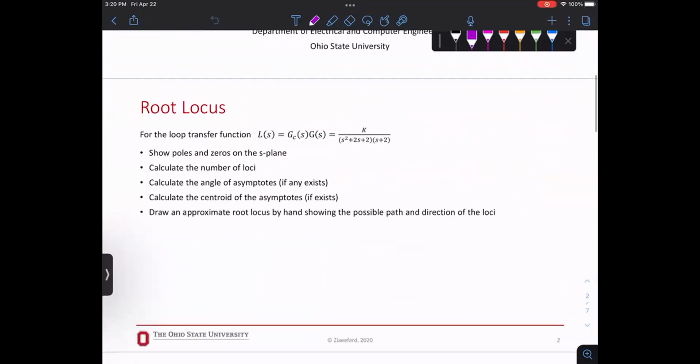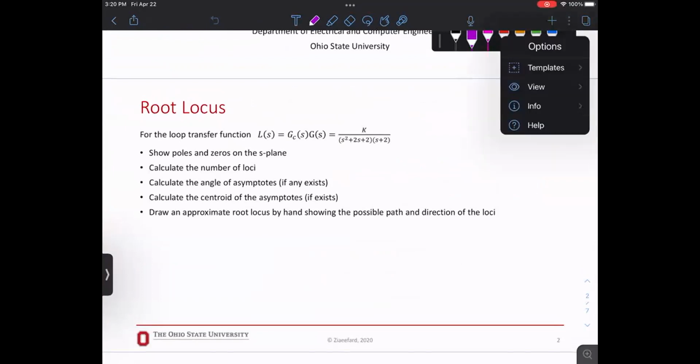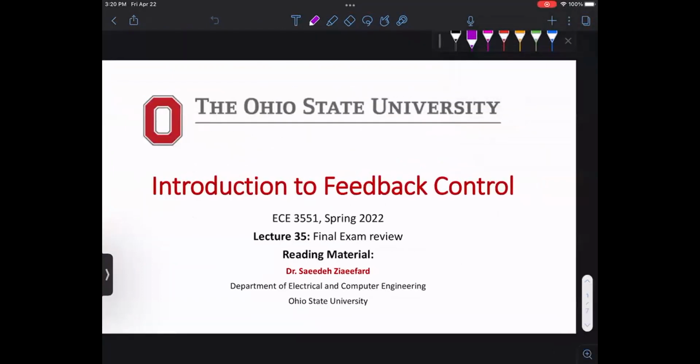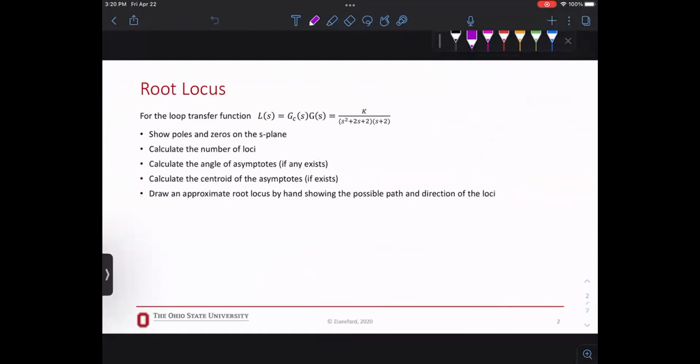All right. So you might get a question that will ask you to plot root locus. All right. But since I didn't give you all the steps, I will tell you what to find. For example, number of loci, calculate the asymptotes, calculate the centroid.